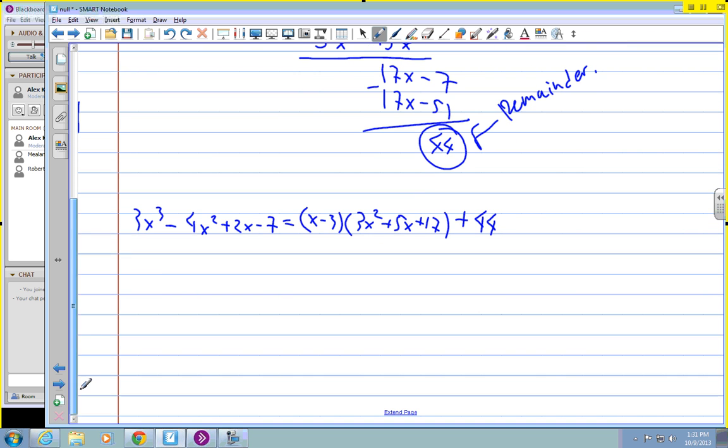So this is what we wrote earlier. Any polynomial can be written as a product of the divisor and the quotient plus the remainder, just like with numbers.